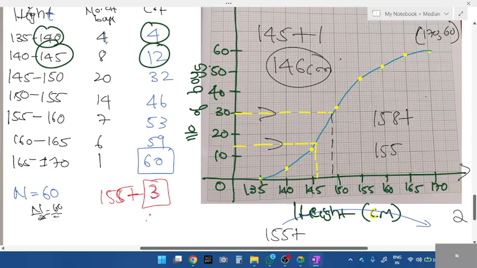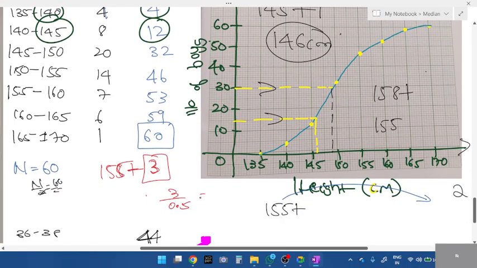So take 3 divided by 0.5. How do you remove decimal? When you remove decimal, with what you have to multiply? Respond. No, no, no. This 0.5 you have to multiply by 10 to remove the decimal. So that is 5 by 10.